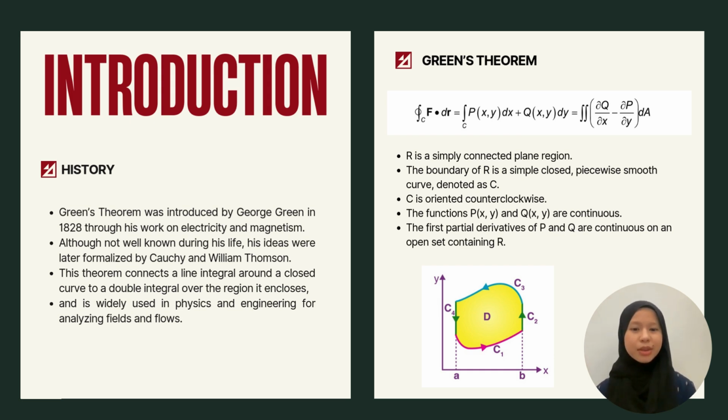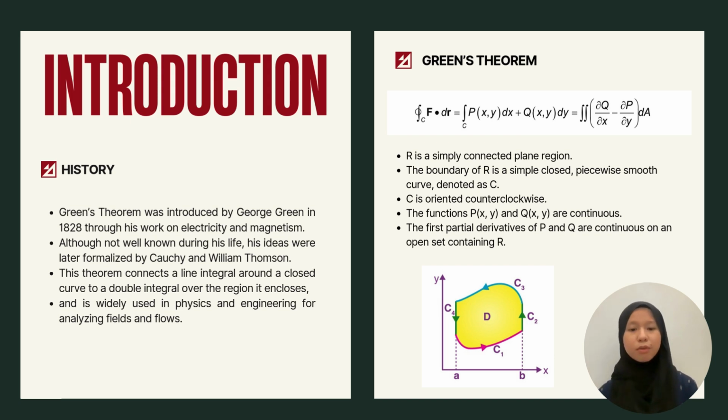Now, let's take a look at the theorem shown on the right side of the slide. Green's theorem applies to a simply connected region with a closed and smooth boundary, which we call C. This curve must be oriented in a counterclockwise direction.